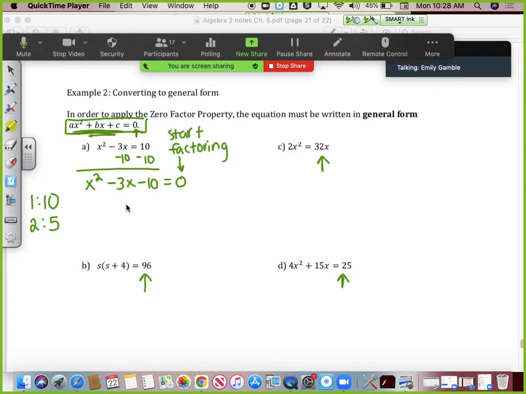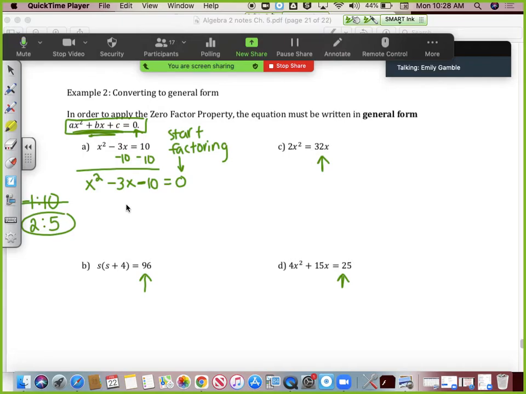I know that in order to multiply to be a negative 10, one has to be positive and one has to be negative. If I make 1 negative and 10 positive, this would equal 9x, and vice versa would be negative 9, so it's not the first pair. It's going to be the second pair. It's very important that you put the negative with the correct number.